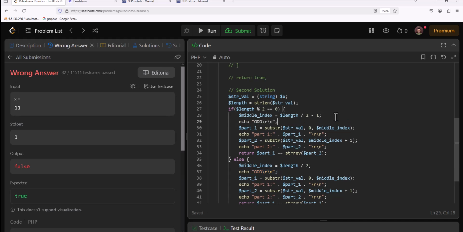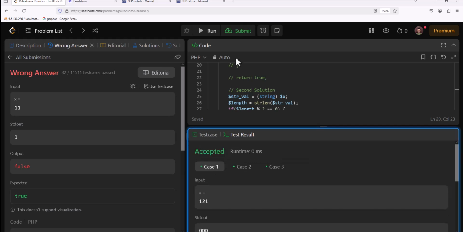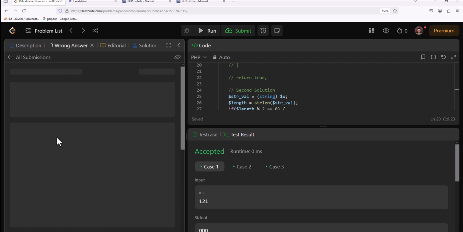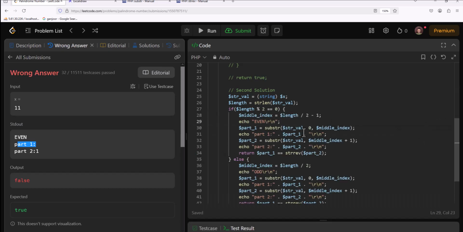Okay, the first part is nothing and the second part is 1.